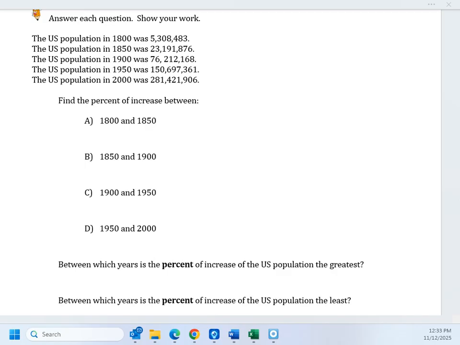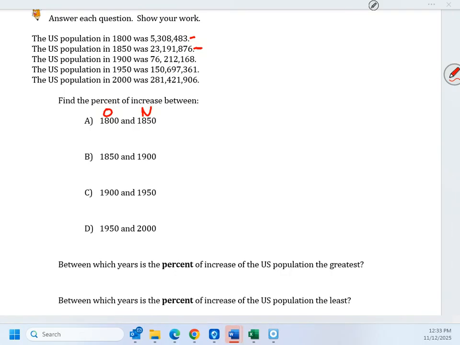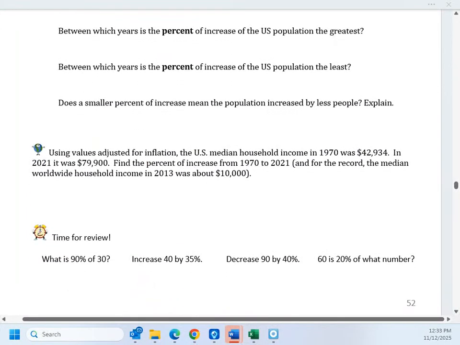So if we're going from the 1800s to 1850, I'm gonna look at the 1800s to the 1850. This is my original, this is my new. Use the numbers that are up top. Okay, that's a lot of the same. Then answering the questions, you have to use a little critical thinking.